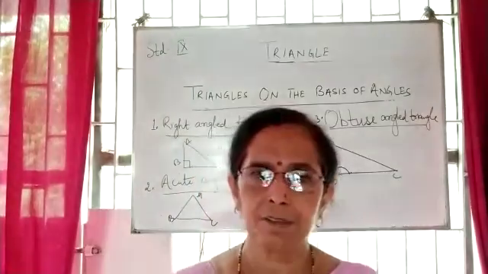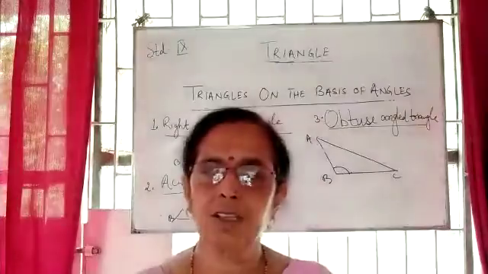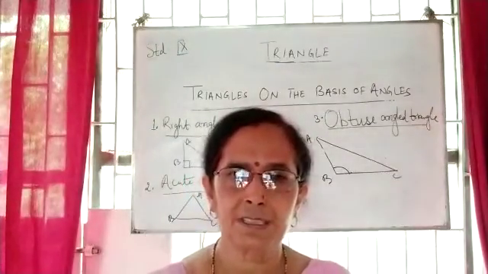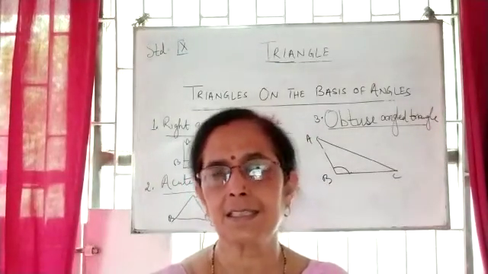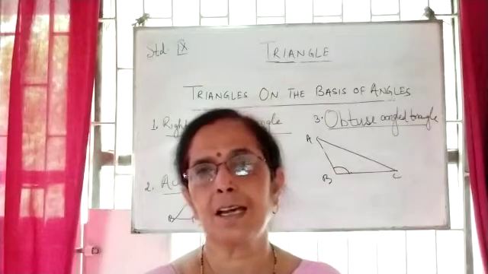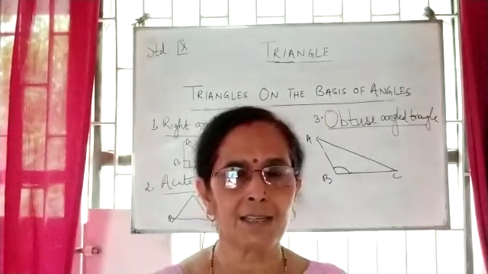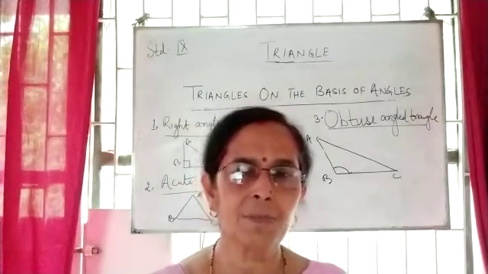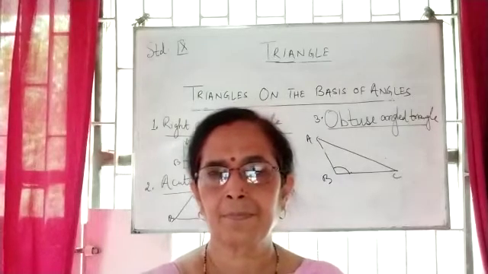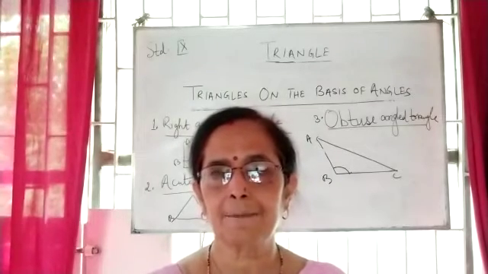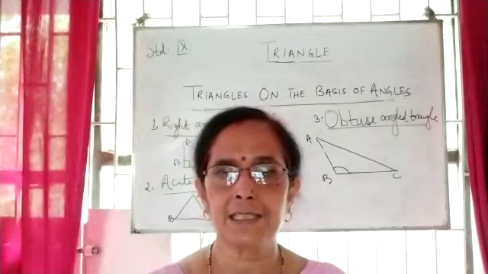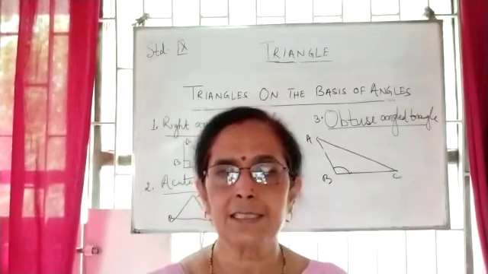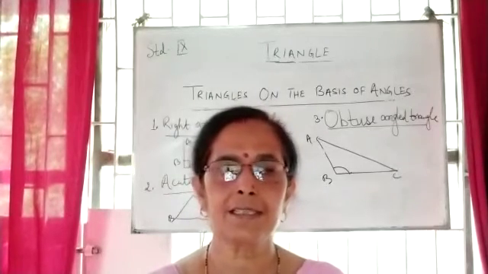On the basis of measure of sides there are three categories: the equilateral, the isosceles and the scalene triangle. And on the basis of measure of angles, three different triangles, that is right angled triangle, acute angled triangle and obtuse angled triangle.